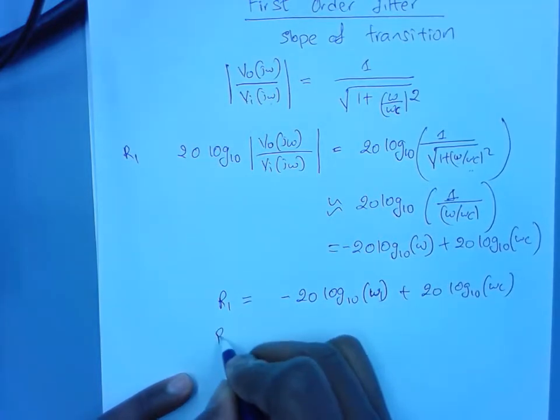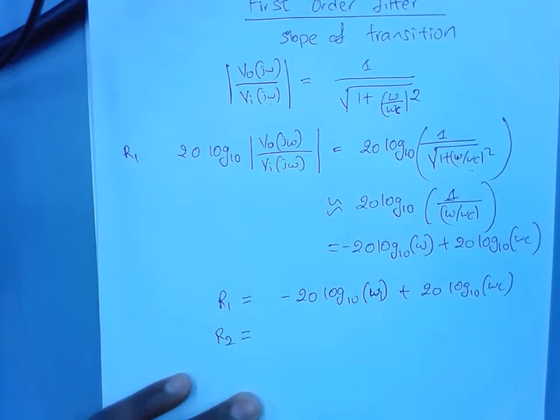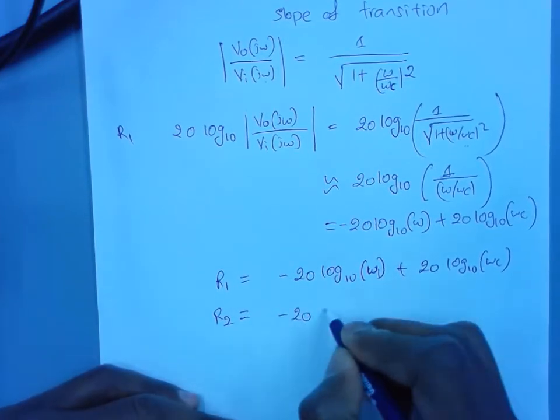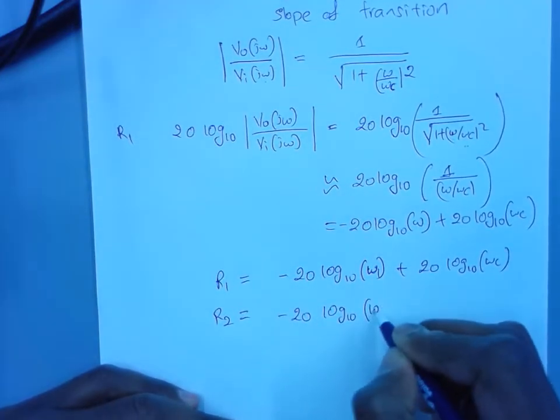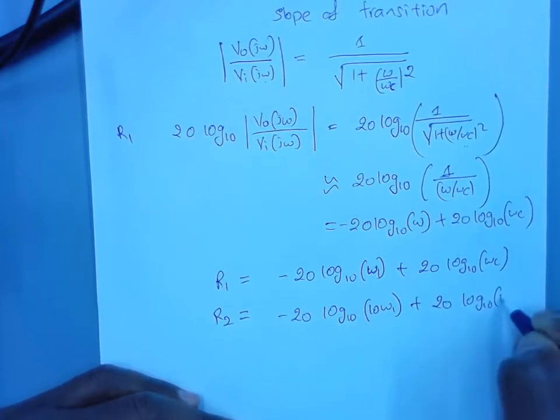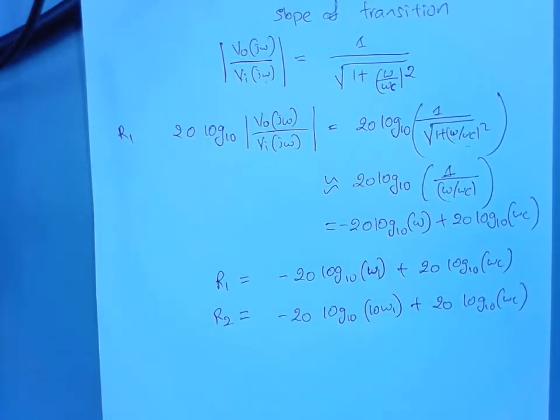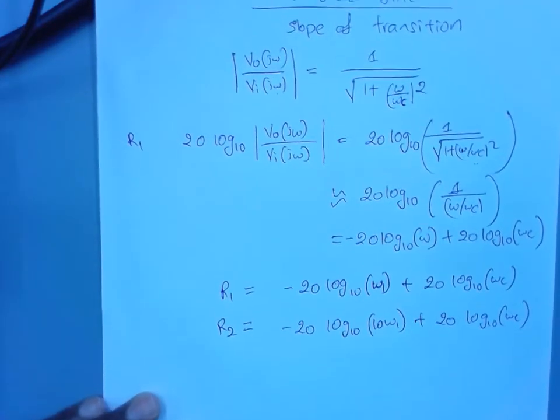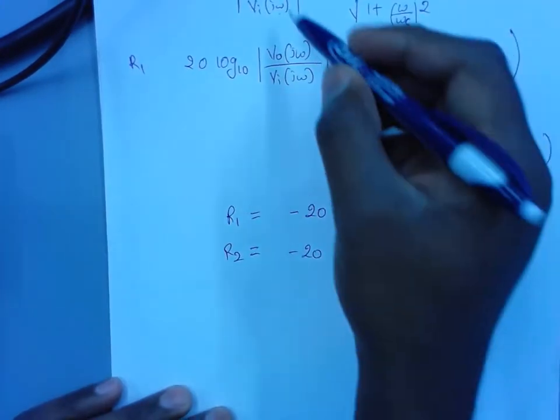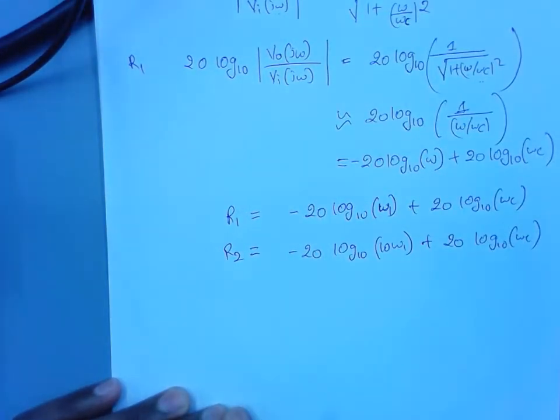R2, now I increase omega 1 by 10, right? So I went from 1 kilohertz to 10 kilohertz, right? So negative 20 log to the base 10 times omega 1 plus 20 log 10 omega c. Okay, so now, since I want to compute the slope, I'm asking how many decibels the response changes if I change my frequency by 10 times, right, for a decade.